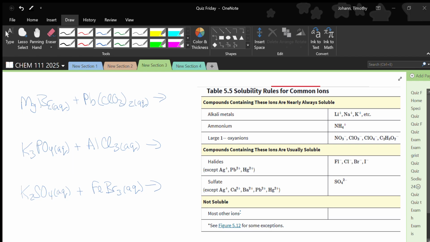So the first one being, if we look at that, most of these are soluble, right? So you don't put these together, okay? Those things are going to be separated, and then magnesium is going to be 2 plus, right?